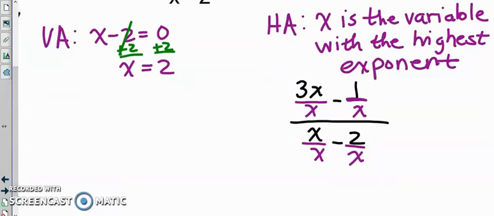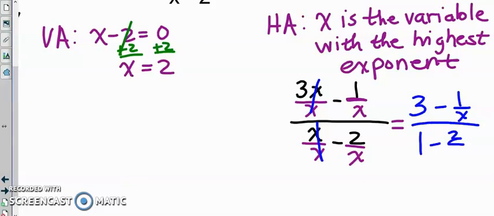All right. So it said first, go ahead and divide everything by the variable with the highest exponent, then simplify. So here we get 3 minus 1 over x, sorry. And then here we have 1, so x over x is 1, minus 2 over x.